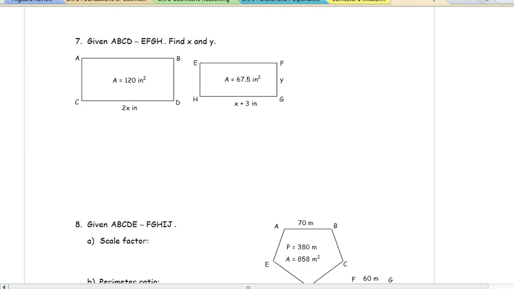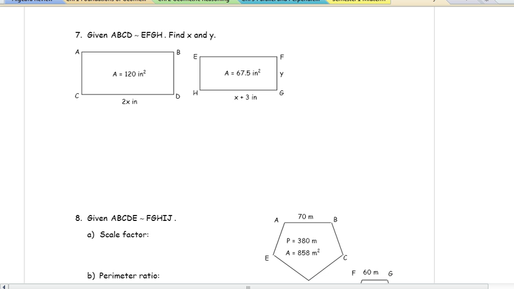We're going to look at number 8 in class together, but we're going to do number 7 here. Given ABCD is similar to EFGH, find X and Y. So what we've got here are areas for both rectangles.